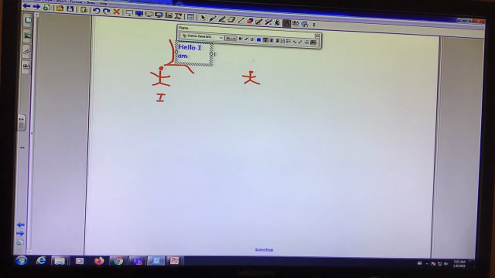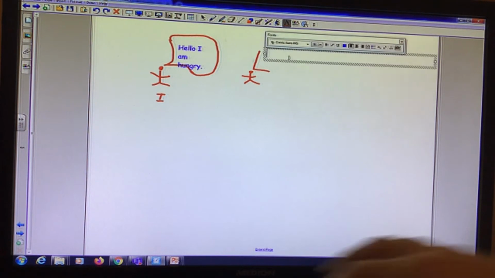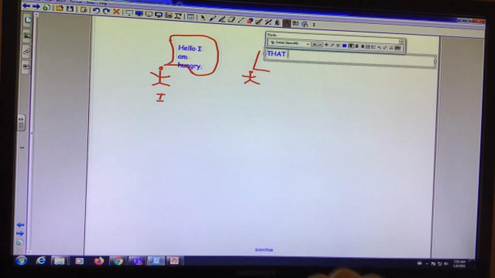"Hello, I am hungry." So just do what the character is going to say as a quick sketch. Do your speech bubble around it. Start it off, and then let's reply. "That is okay. We have lots you can eat."